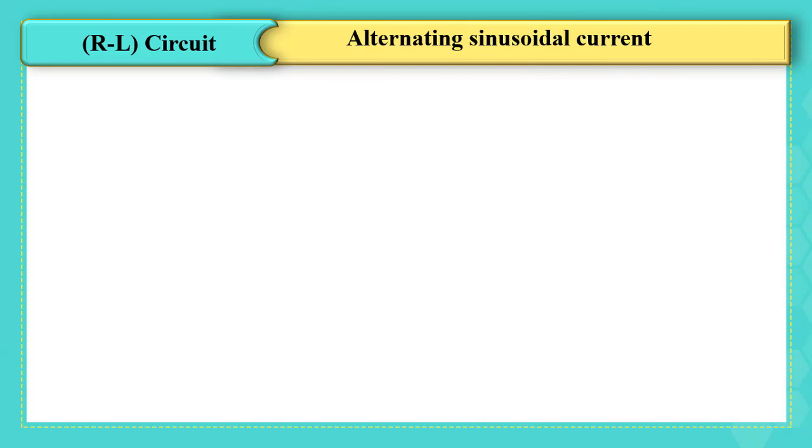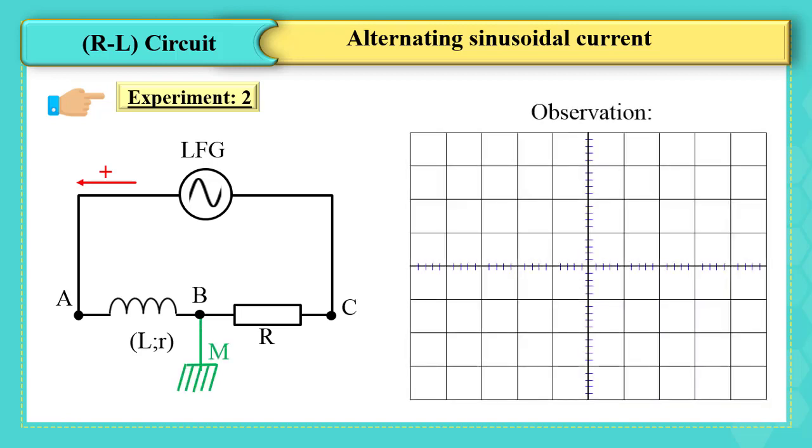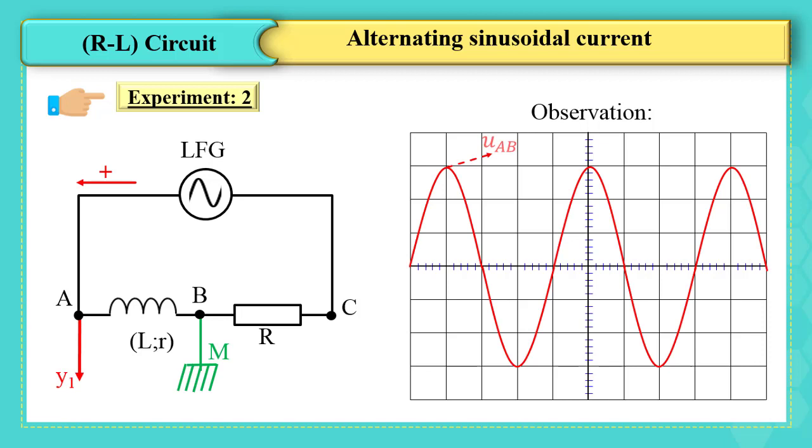RL circuit, experiment 2. Consider the following circuit, which contains a low frequency generator that delivers an alternating sinusoidal voltage, a coil of inductance L and internal resistance r, and a resistor of resistance R. The channels of the oscilloscope are connected as shown on the figure, where channel Y1 measures the voltage UAB across the coil, while channel Y2 measures the voltage UCB across the resistor.